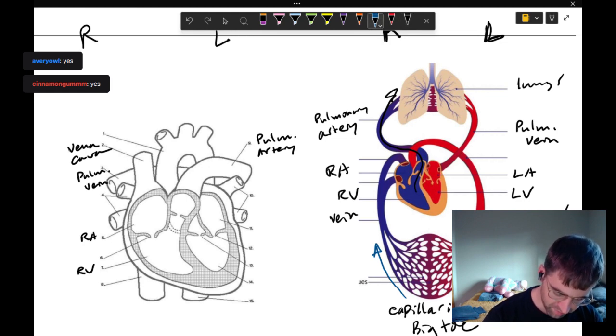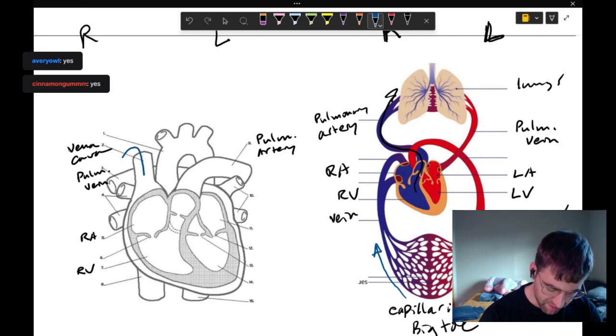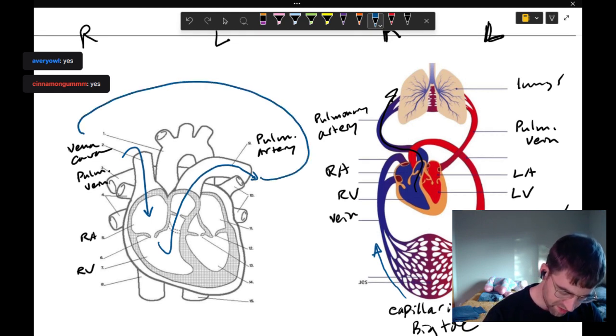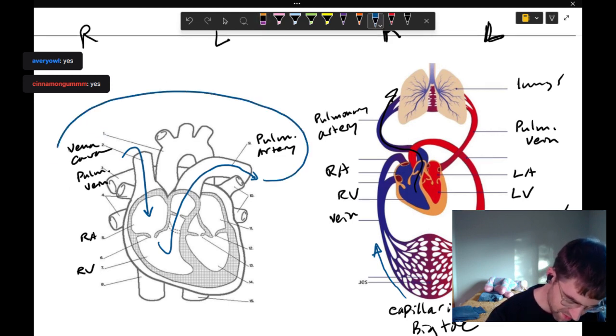I'm going to draw this in blue. So blood comes in the vena cava into the right atrium, pushes to the right ventricle, where it goes out to the pulmonary artery, through the lungs, and I want to redraw this so that it actually makes sense.